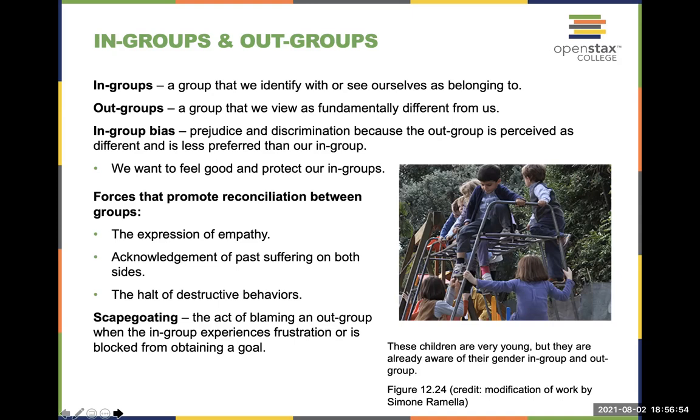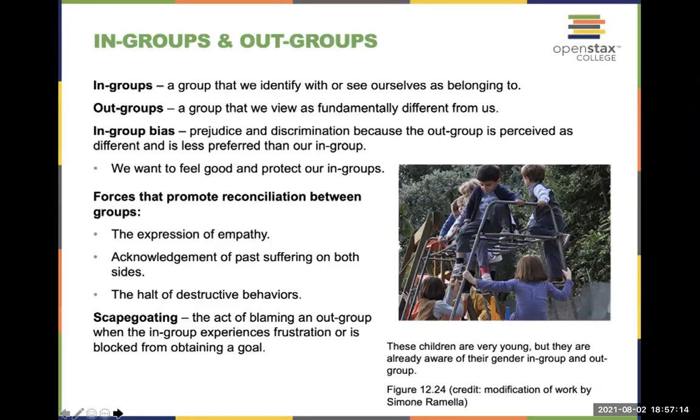And then any forces that promote reconciliation between groups, you know, we need the expression of empathy, we need acknowledgement of past suffering on both sides, and of course there also needs to be a halt of the destructive behaviors between the groups, in order for there to be that kind of healing reconciliation.